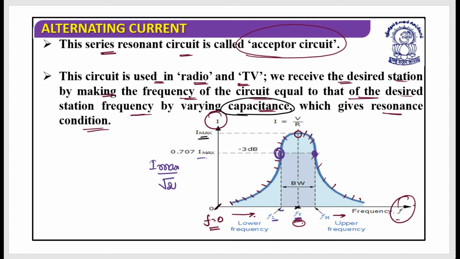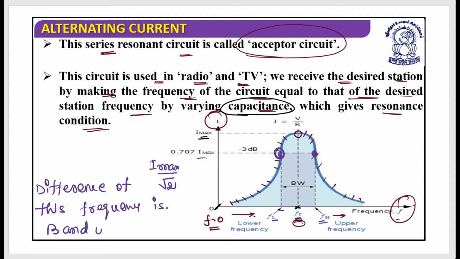Again, this is 1 by root 2 times Imax, and it is the upper frequency. The difference of these frequencies is the bandwidth, which in my case is fh minus fl.